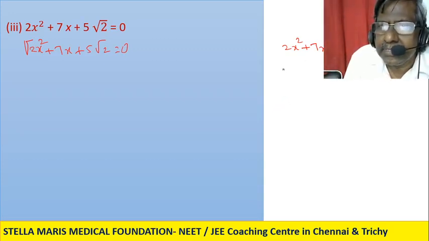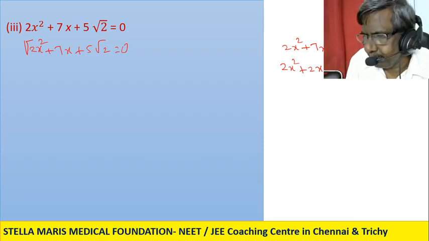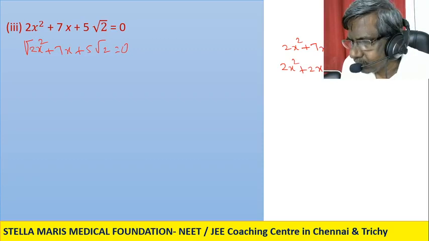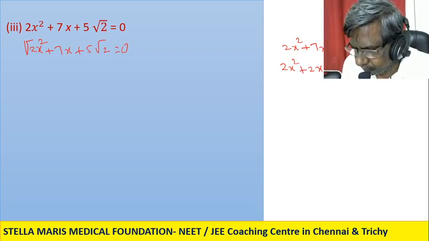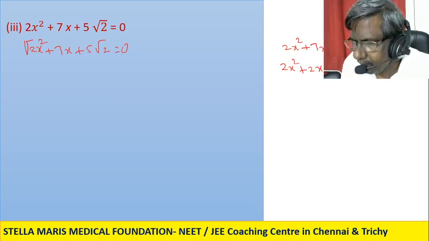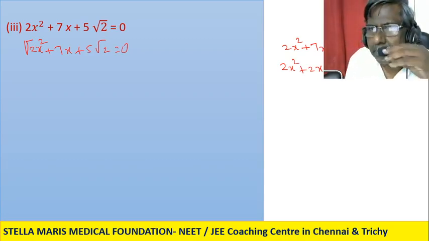I'll split this like this: root 2x square plus 2x plus 5x plus 5 root 2 is equal to 0. Roots are minus 5 by root 2 and minus root 2. Good. Excellent.